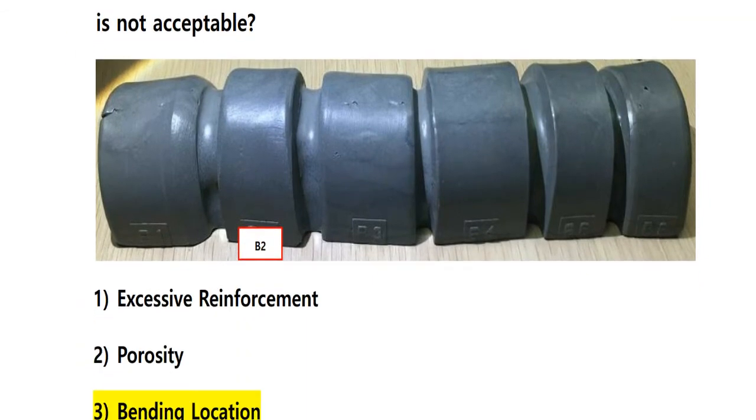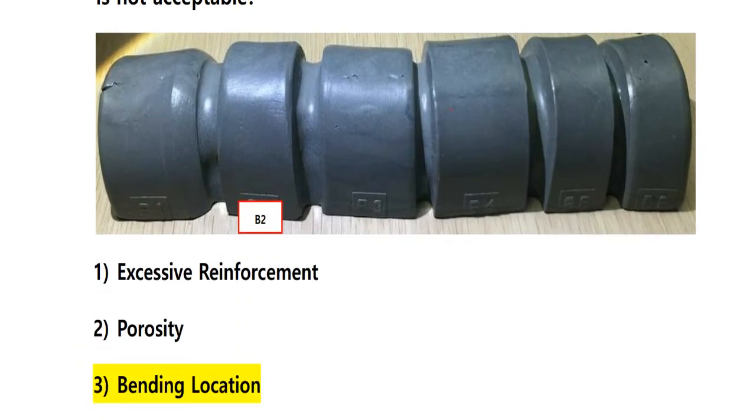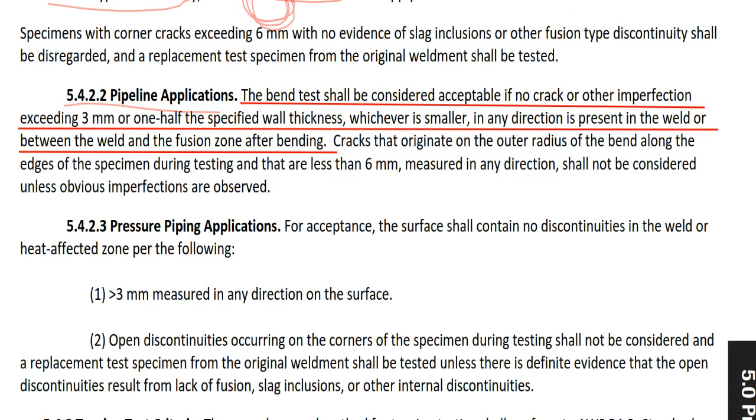Like no crack, no crack, no crack, no crack, then these three are acceptable. But if there are cracks and discontinuities like here, but not exceeding 3 mm or 1/2 the specified weld thickness.